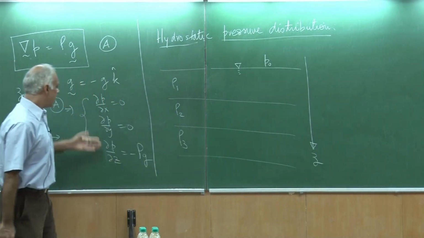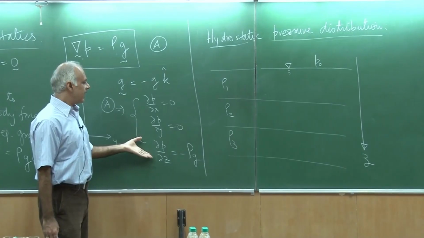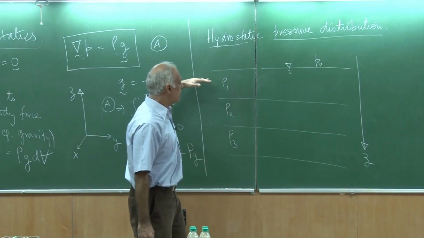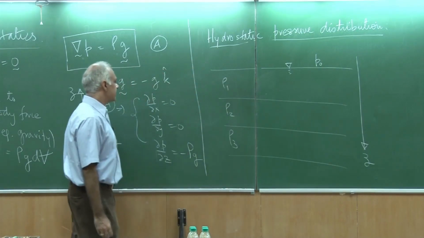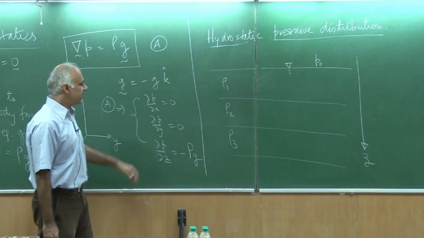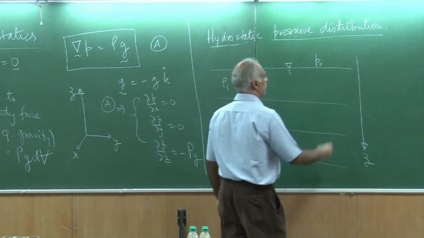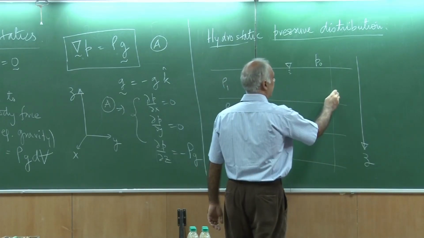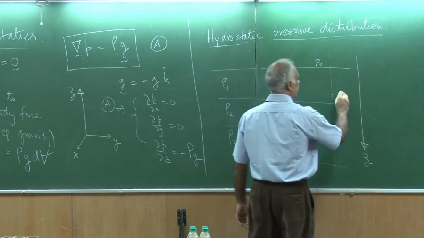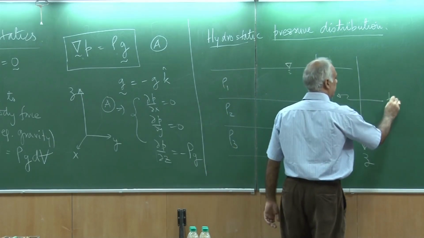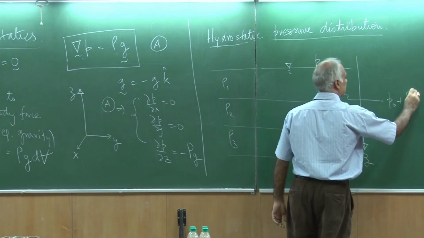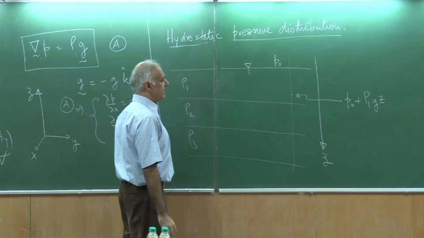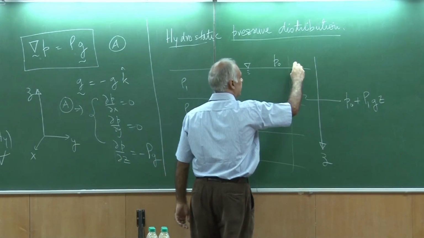So now by looking at these three equations, I do not have a pressure variation in the x direction. Okay. That means the pressure at any point in the plane is going to be identical. The only variation is in the z direction. So in fact I could plot the pressure here. If I looked at a pressure at this point, then the pressure here would be P0 plus rho 1 g z. So in this layer the pressure varies linearly.